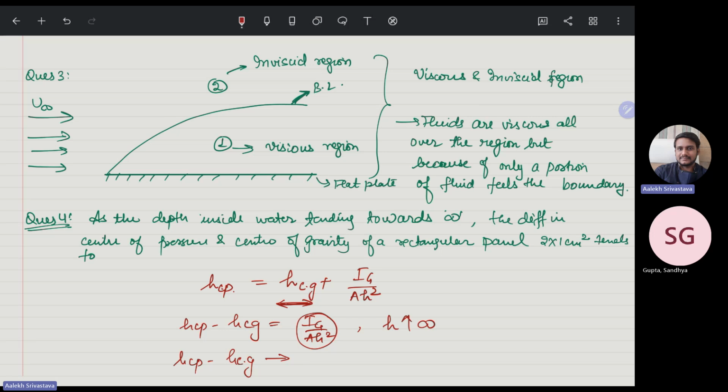Therefore, if this is your layer of a liquid and a plate is placed at a very large distance, then the difference between center of gravity and center of pressure tends to zero.